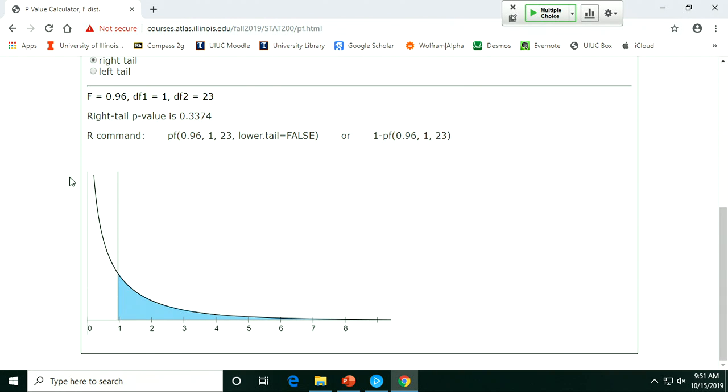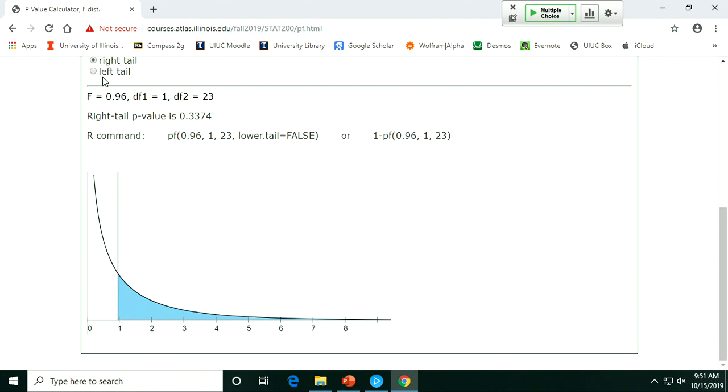Now, first of all, look at this curve. This is actually the curve of the square of the t. So t squared, if you think about it, we did this with chi-squared and z. Remember, chi-squared was z squared. So if you square the t, you're going to get all positive values. Anything between 1 and -1 on the t, when you square it, it's going to get smaller, but it's all going to be positive.